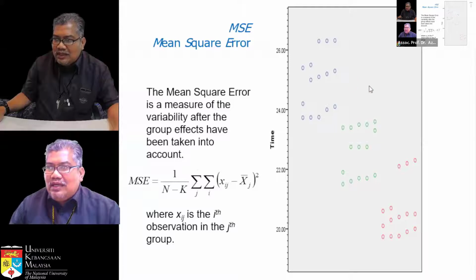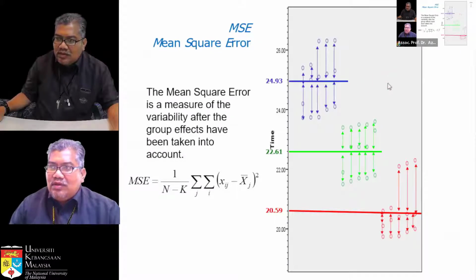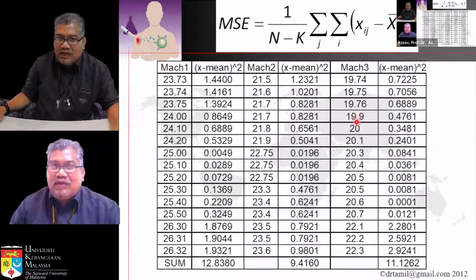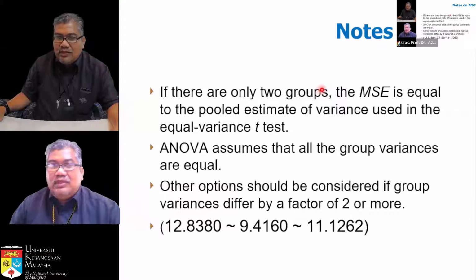All these are ridiculous because you have to get the difference of everything and come up with an Excel sheet to calculate everything. So the best thing to do is to use a software.